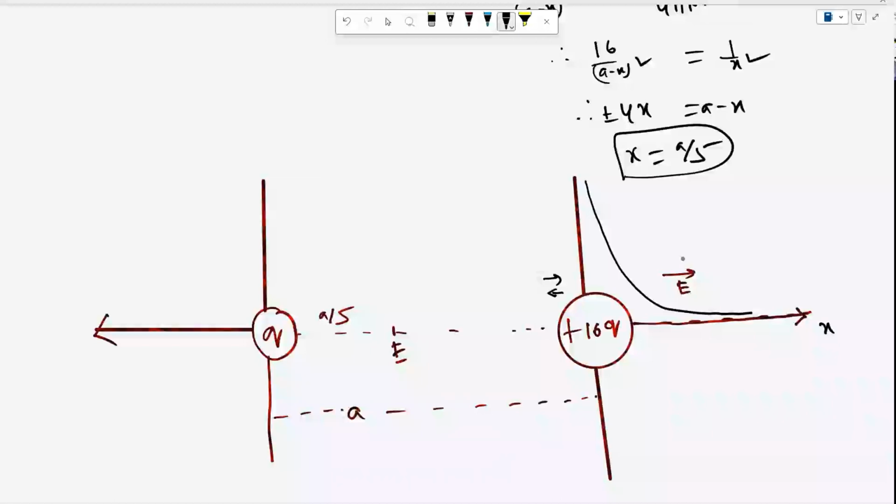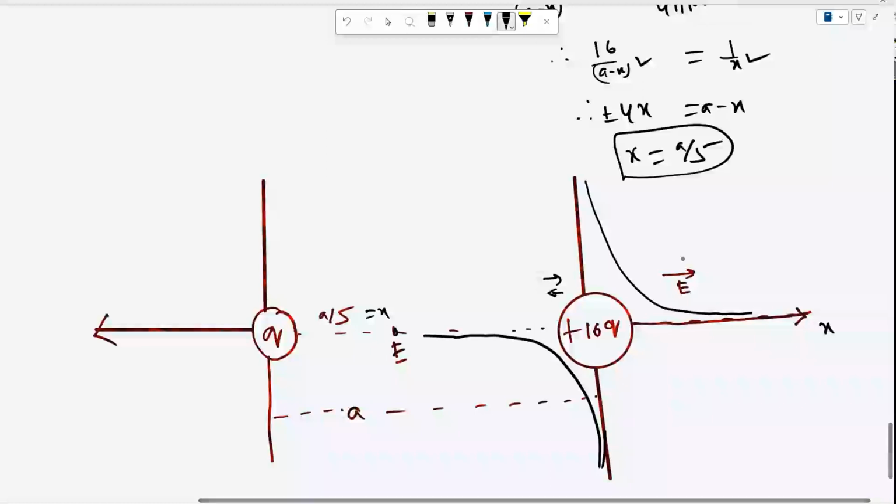Towards left means it will be 0 at this point. At x equal to a by 5, it is 0. And it is along negative x-axis. So, graph will be like this. It will be 0 at this point. Am I clear? At this point, what will happen? 16Q, although repelling it, this plus Q repels towards right.